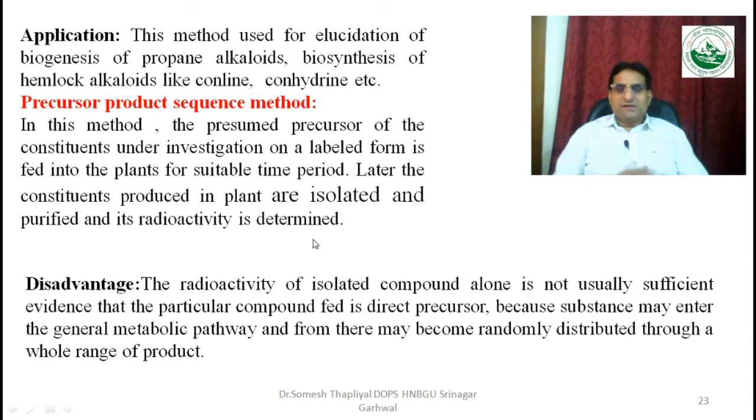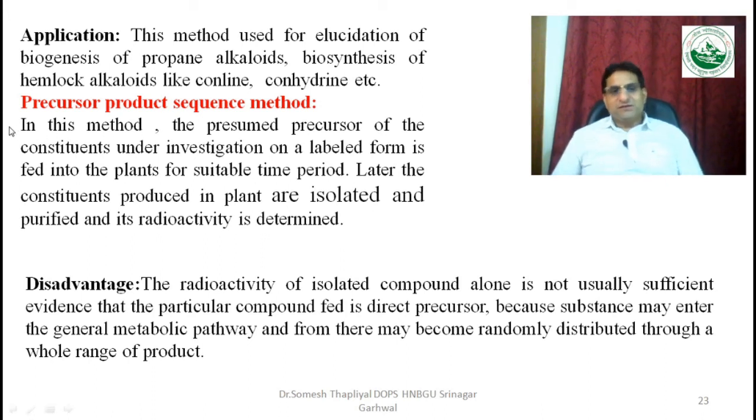What we are doing in this method is presuming some precursors which are used in chemical reactions to obtain the final product. We label this precursor compound and then feed it into the plants, and after sufficient time we determine the radioactivity, and in this way we can find out the results.